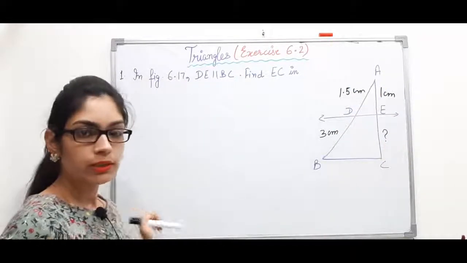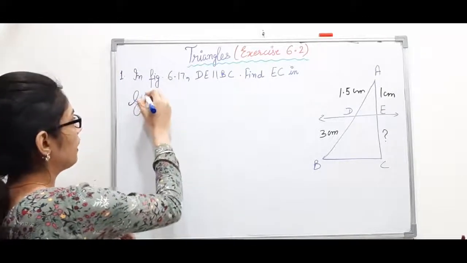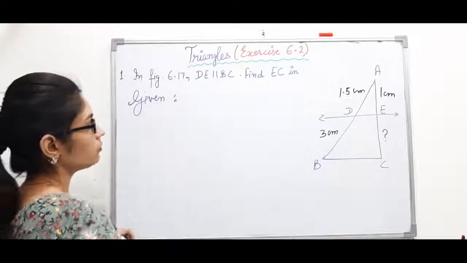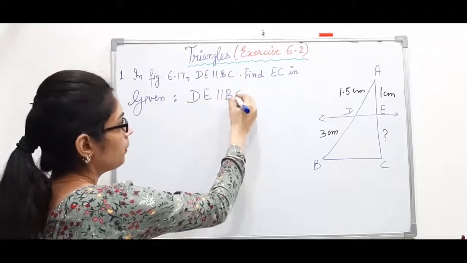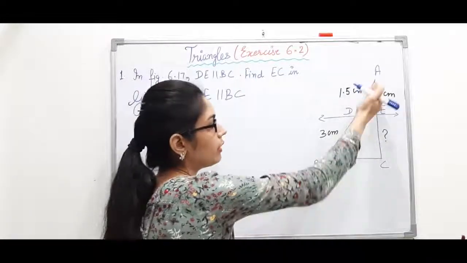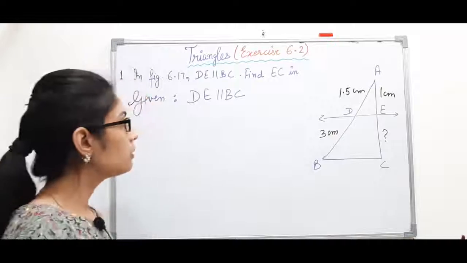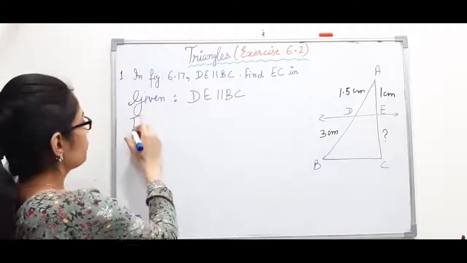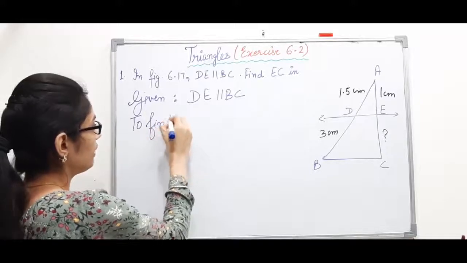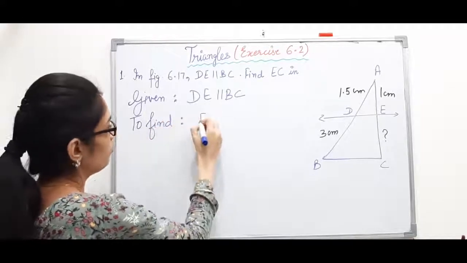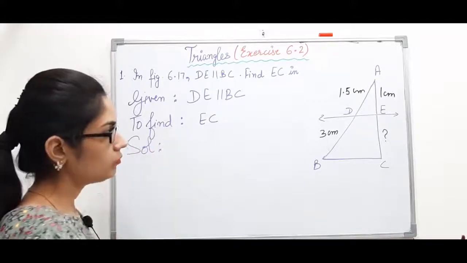In this type of questions, I have already told you, you have to start by writing what is given to you. So given is DE is parallel to BC, and you can write the values of AD, BD and AE because these are given to us. Now, because here we have to find, let's write down what we have to find. We have to find the value of EC.